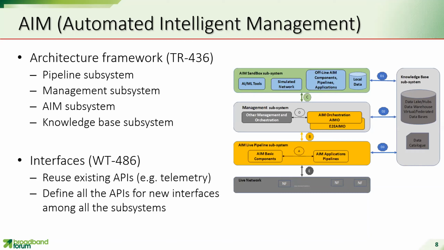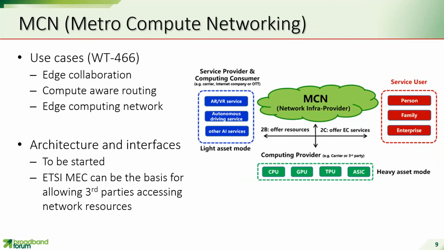Our newest work area, the Metro Computing Networking, is for Carrier Edge Cloud. It is considered a major growth point for cloud computing innovation. It builds on Cloud CO principles. Metro Computing Network represents new business opportunities for the telco ICT transformation.